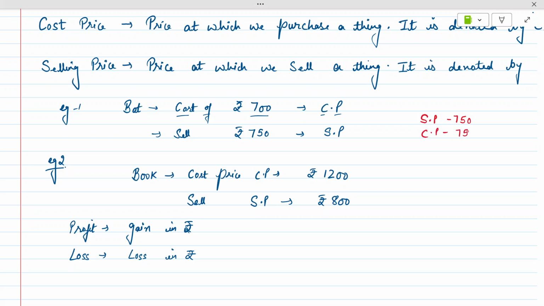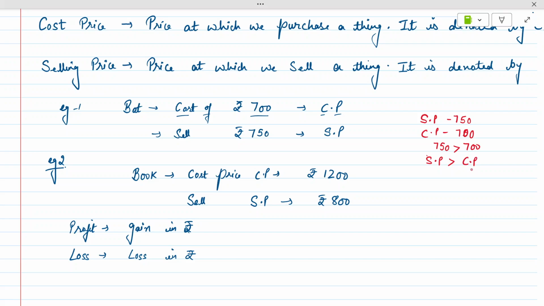This we saw, right? So 750 is greater than 700. That is, my selling price is greater than cost price.